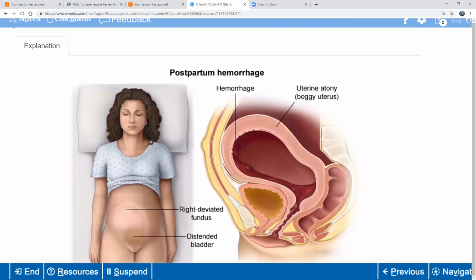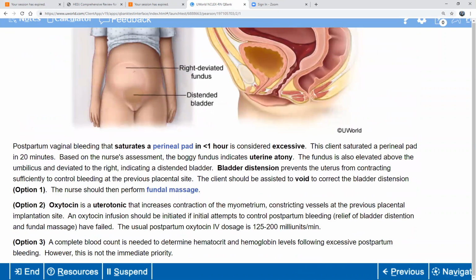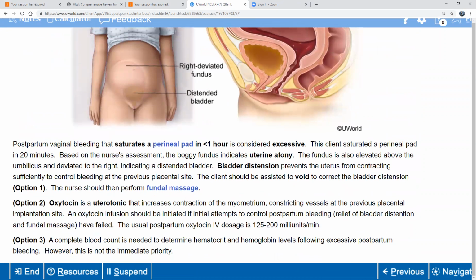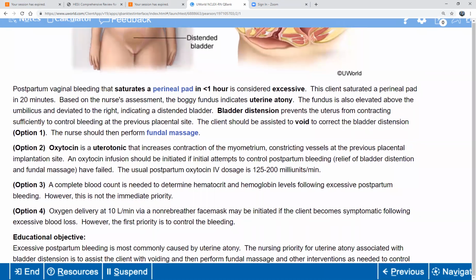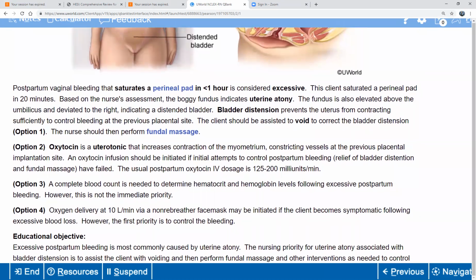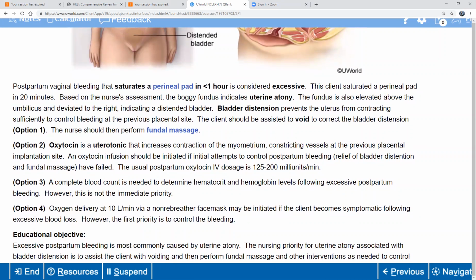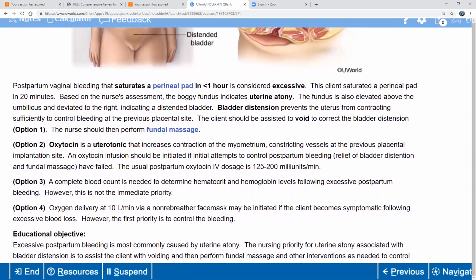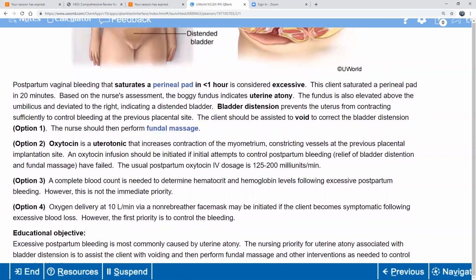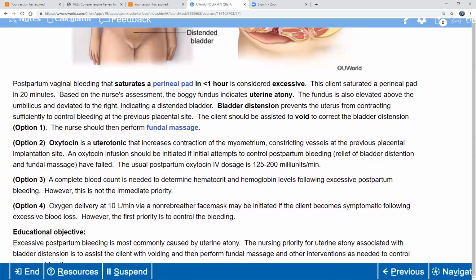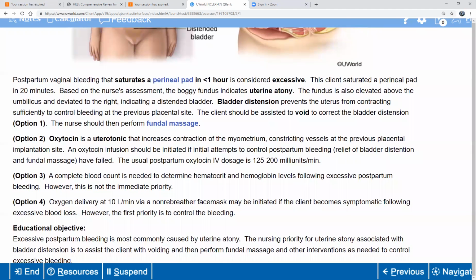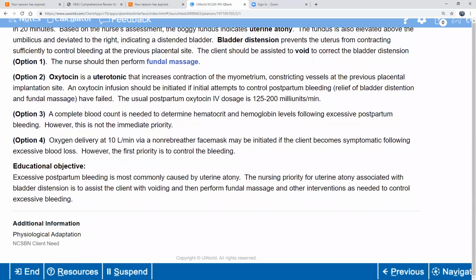It's giving you that clue that the bladder is the cause here. Bladder distension could prevent the uterus from contracting efficiently, so that's why you have to correct that first, and then you'll do your fundal massage.